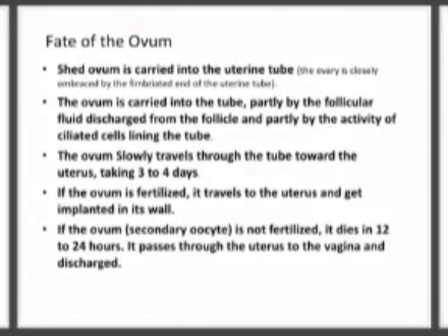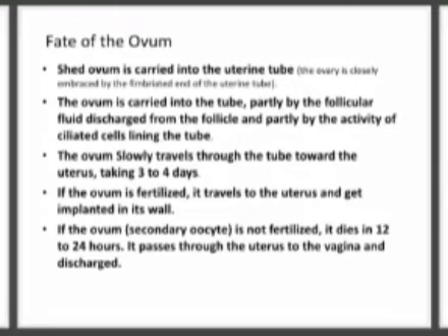Fate of the ovum. The shed ovum is carried into the uterine tube. The ovary is closely embraced by the fimbriated end of the uterine tube. The ovum is carried into the tube partly by the follicular fluid discharged from the follicle and partly by the activity of the ciliated cells lining the tube.